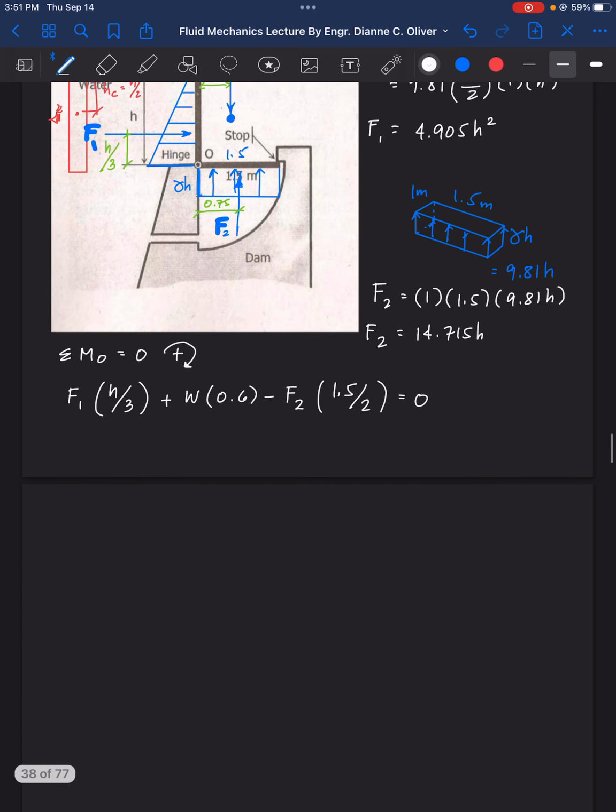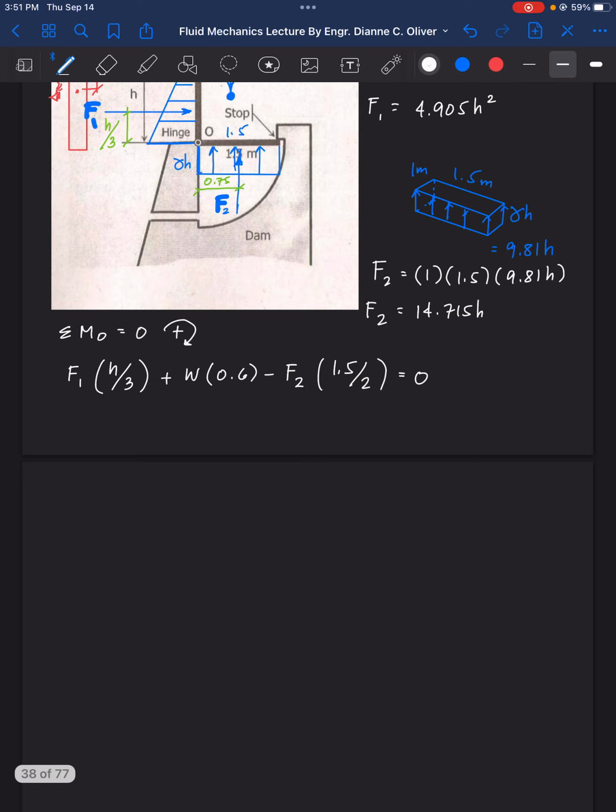Okay, now let's input the value for F1. F1 is 4.905 H squared times H over 3, plus the W here is 5 kilonewton times 0.6 meter, minus F2 of 14.715 H times the distance from the hinge, 0.75, equals 0.